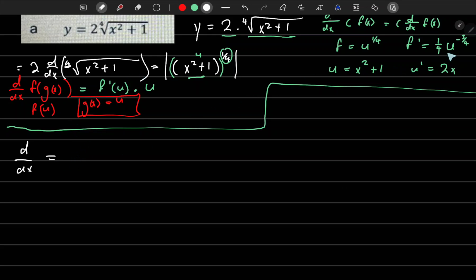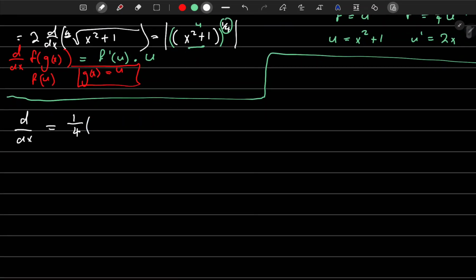We already have f prime here. It's 1 over 4 multiplied by u to the negative 3 over 4. But why write u here when we know what u is? You should write what u is, and u is x squared plus 1.